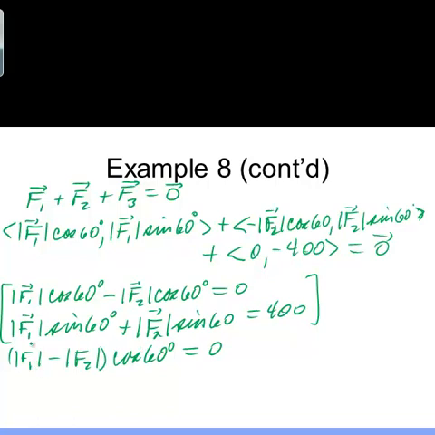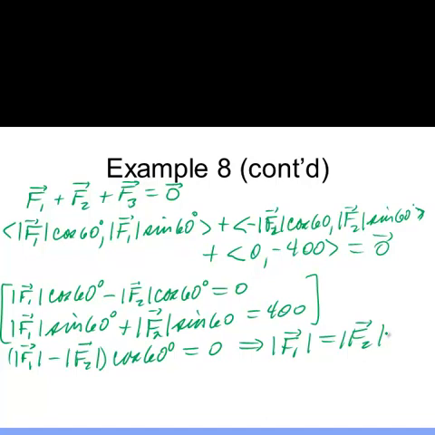That means that magnitude f sub 1 minus magnitude f sub 2 is equal to 0. In other words, magnitude f sub 1 is equal to magnitude f sub 2. All right, so that's nice to know. In fact, we were already guessing that. But what exactly is the value of either one of those?